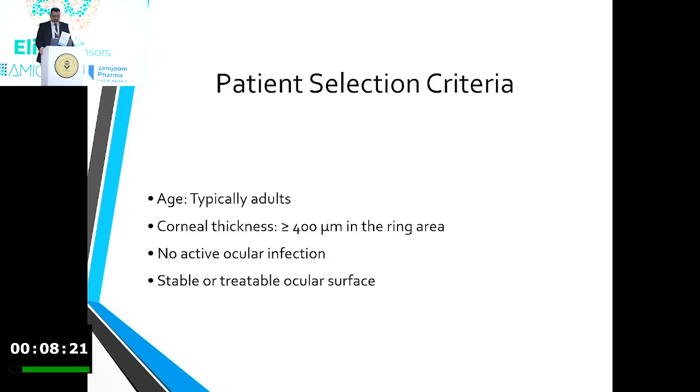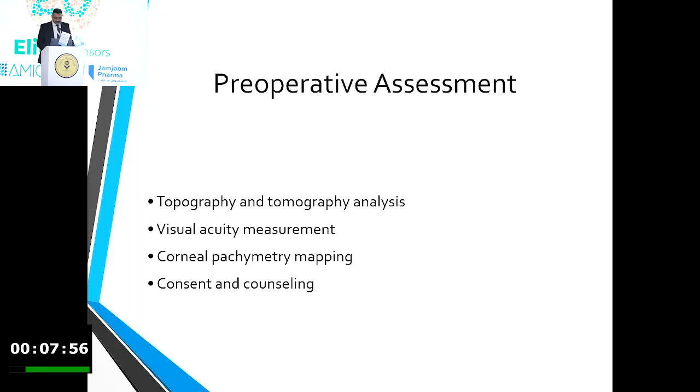For patient selection criteria, regarding age, we select adult patients, and the corneal thickness is better to be 400 microns or more in the ring area where we are planning to implant the CAIRS. There should be no active ocular infection, of course, and a stable or treatable ocular surface.